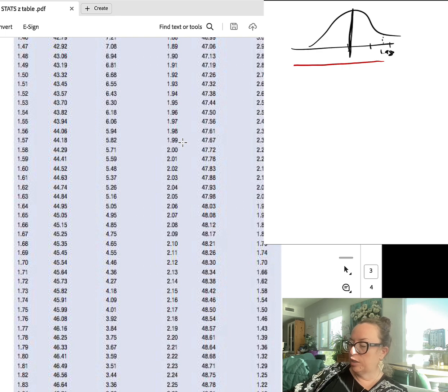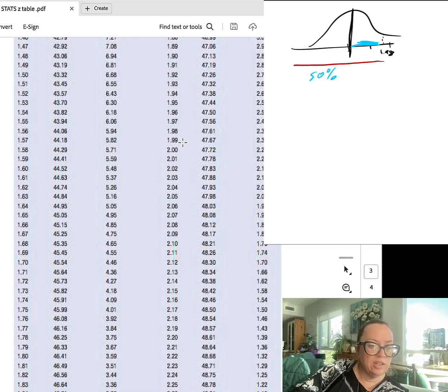Well, we automatically know that there's 50% down here. Okay, so we already have 50%. Now all we need to figure out is what is between the mean and the z-score. So easy, so 1.98, where are we at with that? Okay, 1.98, we do the percent mean to z.